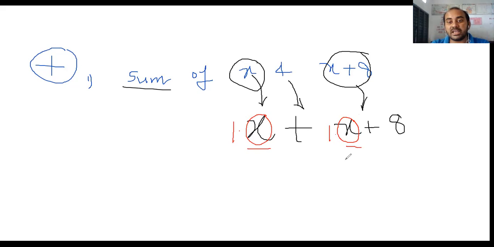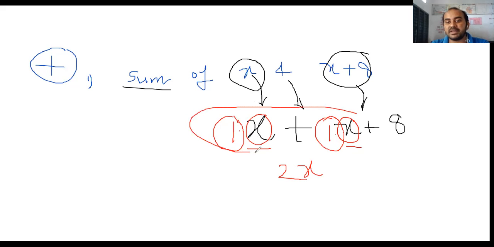When these two are equal, if the operation in between is addition, then you can add these two coefficients. That is, 1 plus 1 is how much? 2. Both are the same x, so write 2x. This part is completed. Go for the second part: the symbol is plus and the number is 8. This is the solution of the question.